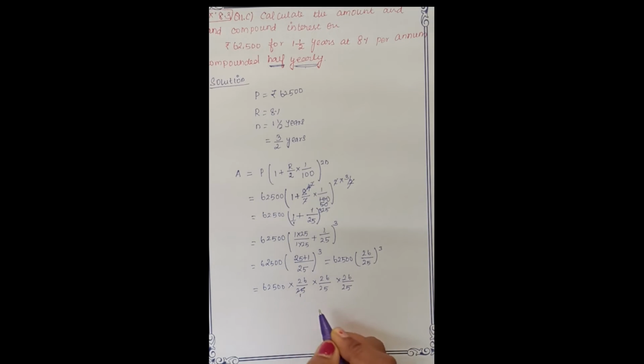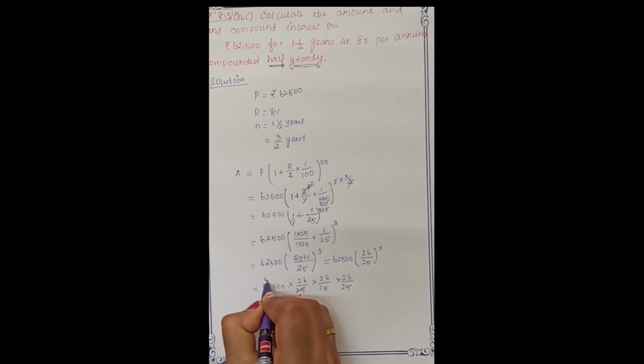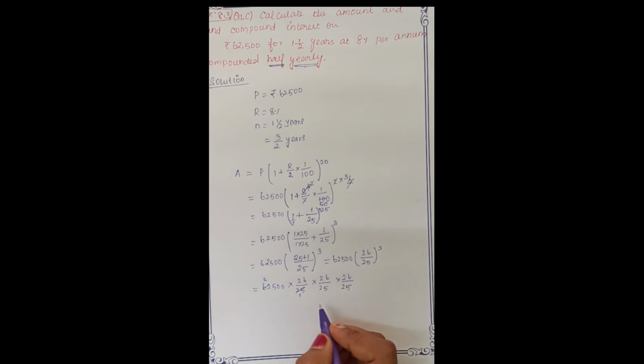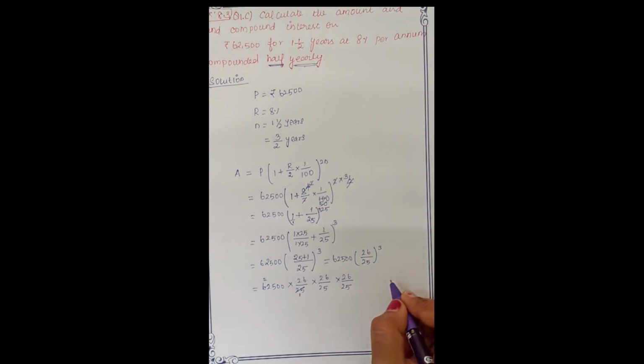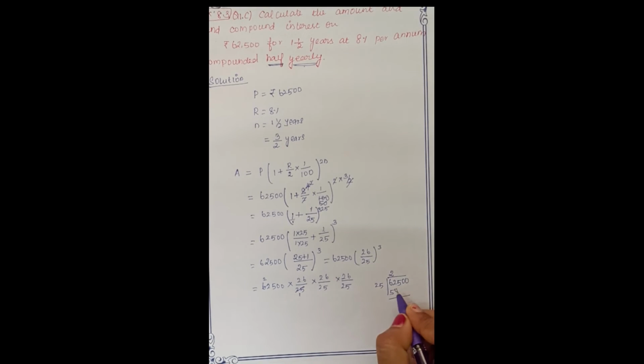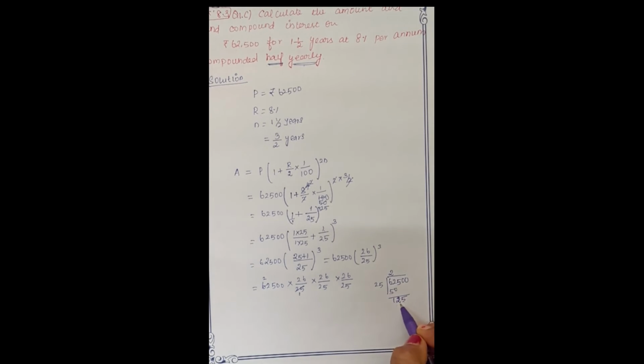So 62,500, you divide by 25. 2 25s are 50. If we subtract 50 from 62, we have 12. Then bring this 5 down, 125.